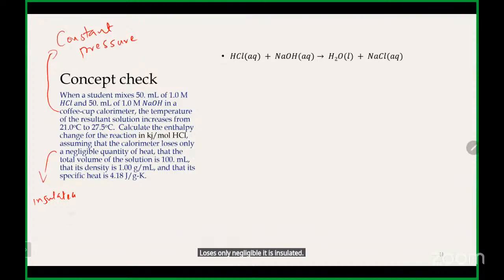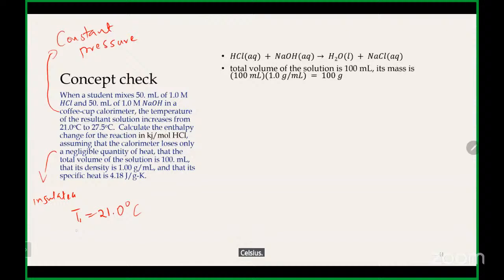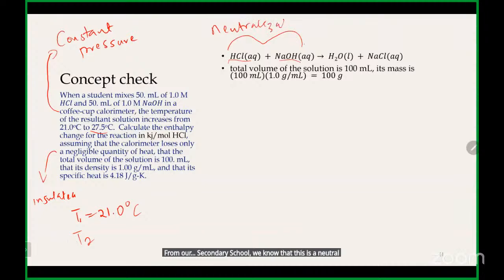Okay, so the initial temperature of the system, T1, is 21.0 Celsius, and T2 is 27.5. Let's take this step by step. A student mixes HCl plus NaOH, and from secondary school, we know that this is a neutralization reaction.